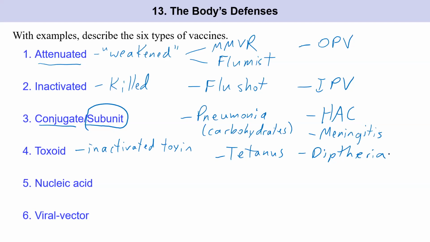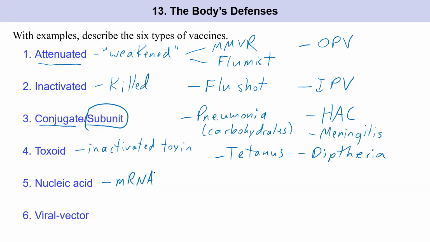The last two are the new ones, and the only examples are from COVID-19. Nucleic acid, in theory, could be RNA or DNA, but there aren't any DNA examples, at least for humans. So these are messenger RNA vaccines. Usually the messenger RNA is coding for some sort of viral component. In the case of COVID, it's coding for the spike protein.